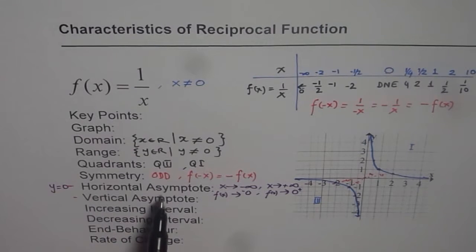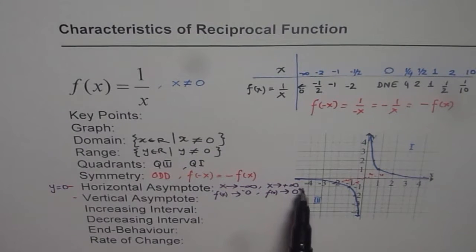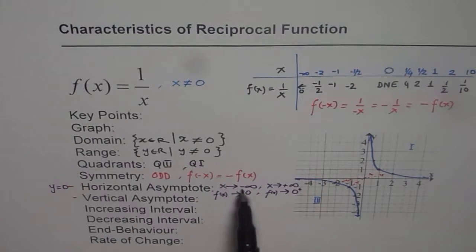So horizontal asymptote is a line which the function approaches as x value approaches positive or negative infinity. Make a note, we could have more than one horizontal asymptote, right? Sometimes functions may approach a different y value as x approaches negative infinity or positive infinity, correct? Well, I hope you understand horizontal asymptote.